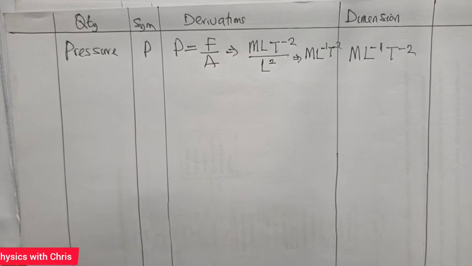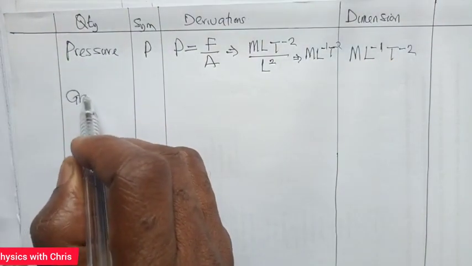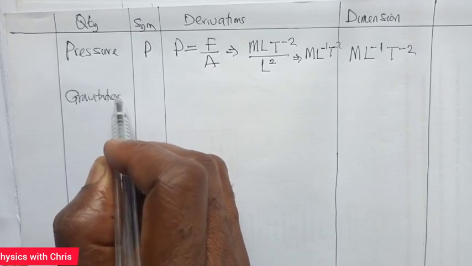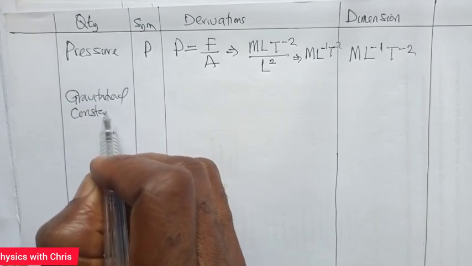Okay, so sometimes we may be asked to find the dimension of a constant, like the gravitational constant. Gravitational constant, G. What's the dimension of the gravitational constant?